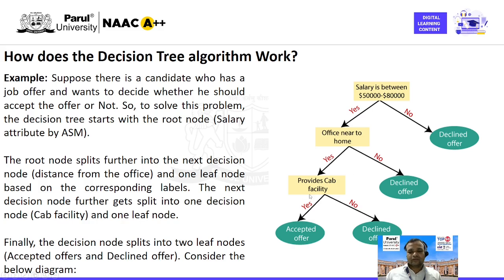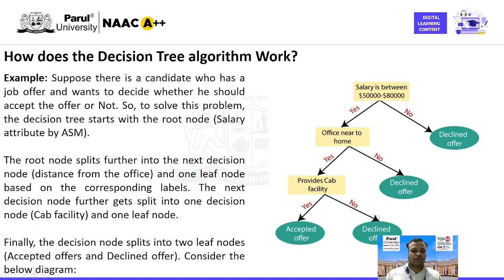So again he checks whether the office provides the cab facility or not. If the office provides the cab facility to him, he will accept the offer. Otherwise, he will not accept the offer.